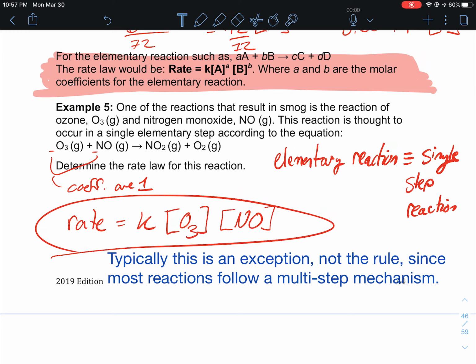And you might find that it is, or you might find it's not. So the first assumption you can make is to try to fit your experimental data to a model that assumes an elementary reaction. And if it fails that model, then we could move to determining the possible reaction mechanism from that point on.